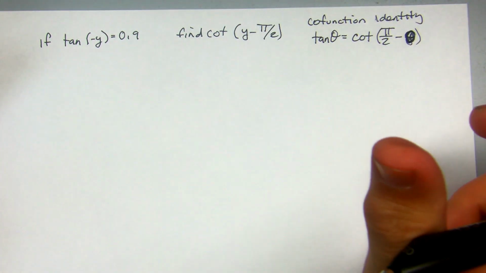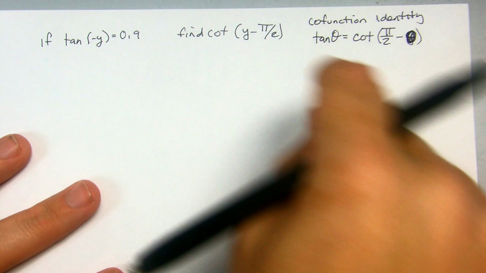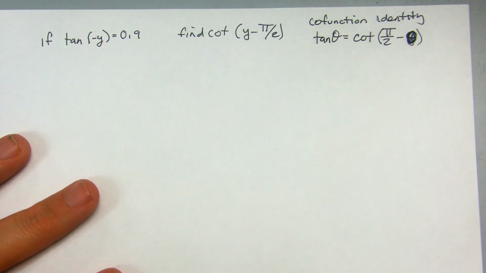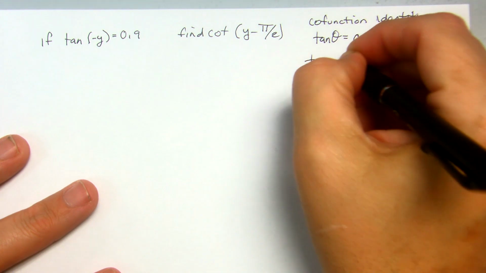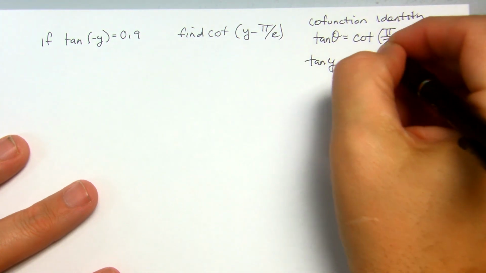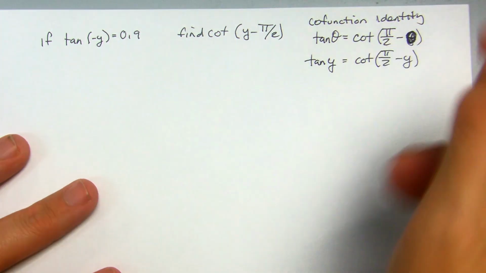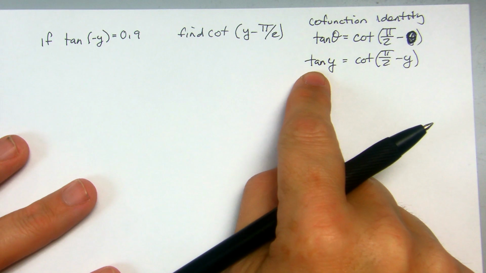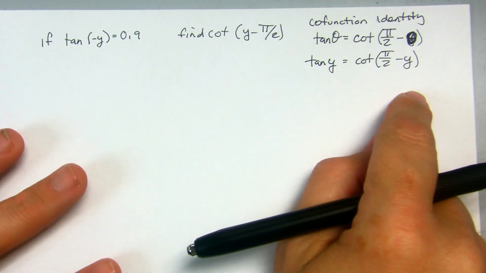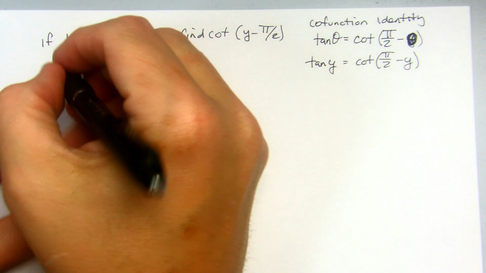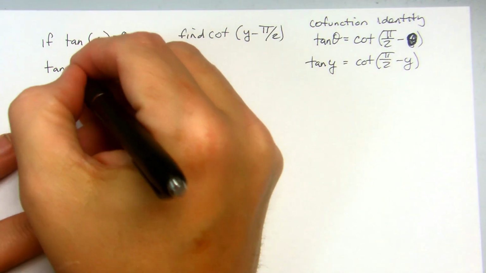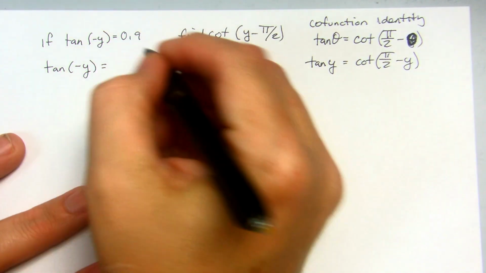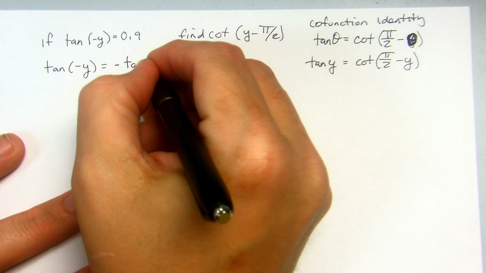Well, so what we need to do is we need to say, well, if the tangent of y is equal to this, and we can relate the tangent of negative y, so the tangent of negative y is equal to the opposite of the tangent of y.